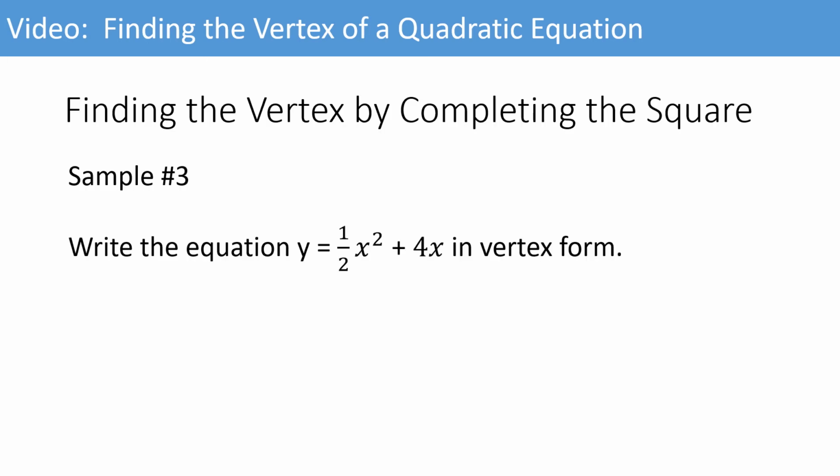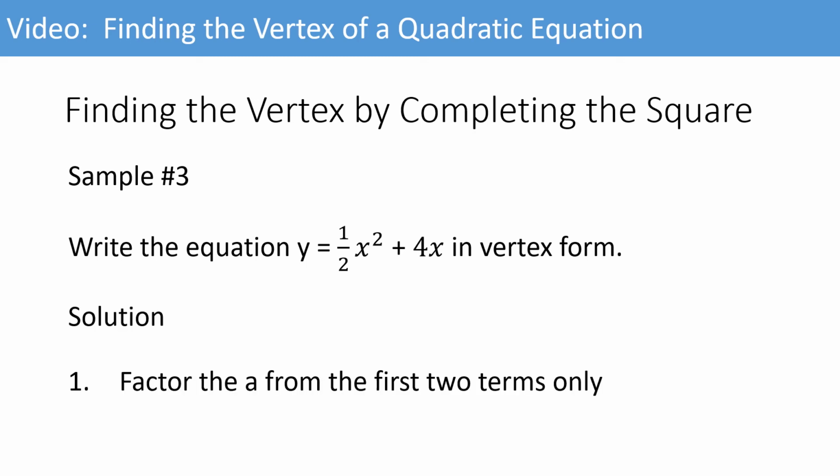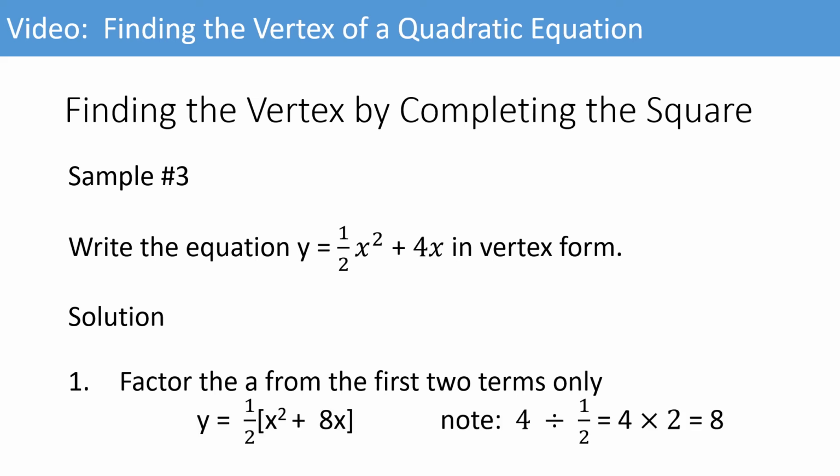Here's one a little more complicated as we have a fraction, and we all love fractions. Write the equation y equals 1/2 x squared plus 4x in vertex form. Factor the a, which is 1/2, from the first two terms only.